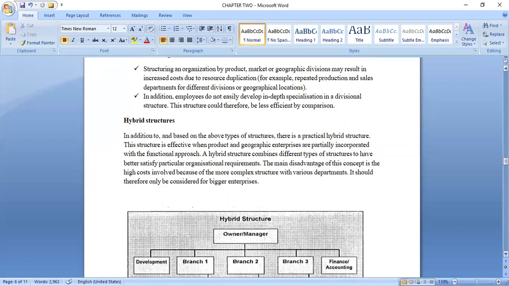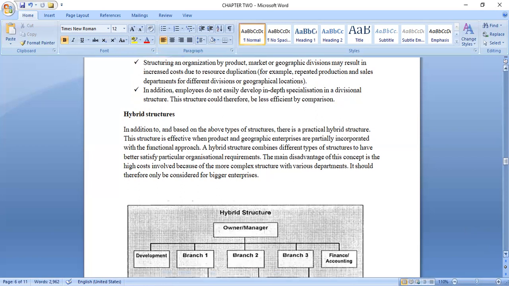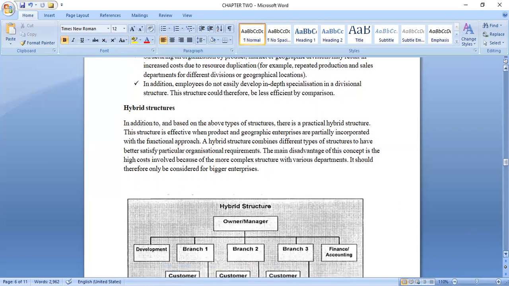For example, in a product organization structure, a worker who is under a line manager of a particular product will only gain skills in regard to that product, and will not get an opportunity of gaining skills in regard to manufacturing or selling other products.